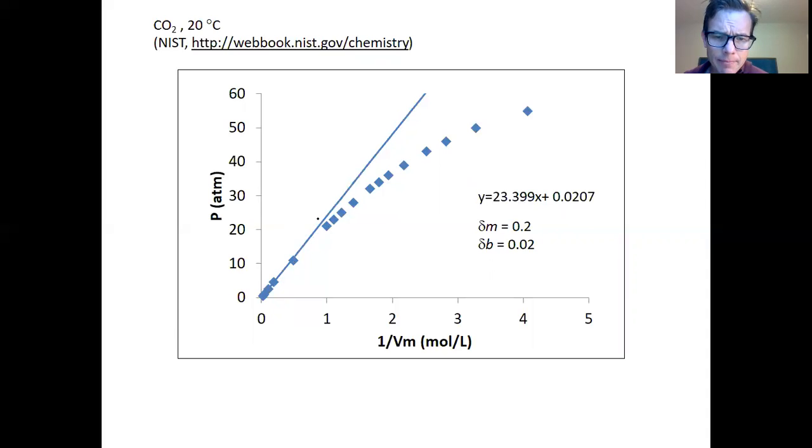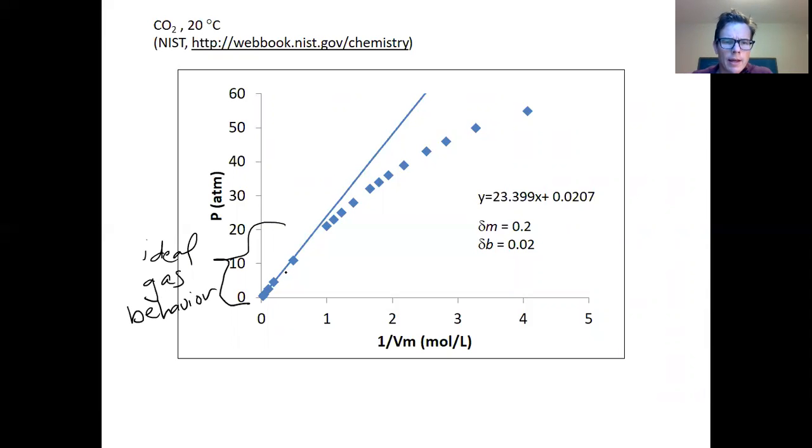And you can see that down here in this region, that's basically true. When 1 over volume is really small, in other words, when the volume is really big or the pressure is small, gases behave ideally. Straight line that goes through 0.